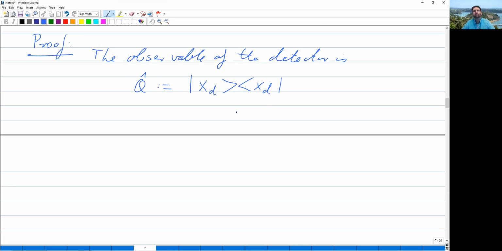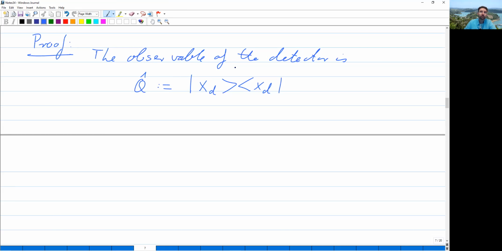That's the projector onto the position xd. Strictly speaking, we ought to integrate here over a little volume so that it really becomes a projector and so on. But again, it would be unnecessarily tedious, and we can work with this for now.